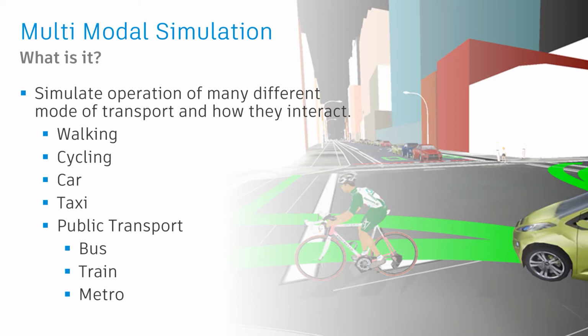So multimodal simulation is really just simulating how the real world works. We are just simulating people going about their business, traveling on different modes of transport, and usually moving from one mode of transport to another as they progress through their journey.